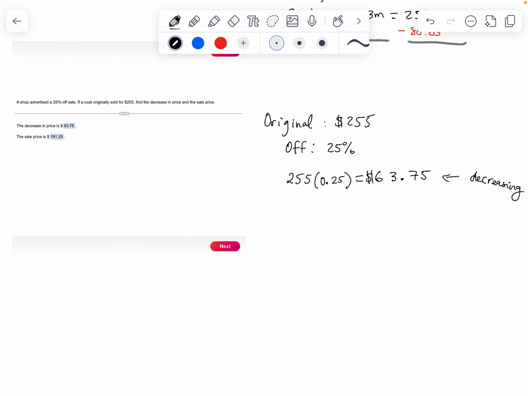So for the total cost of 255, your price is decreasing by 63.75. That means if you take the 63.75 and subtract it from the 255, you should get the value of 191.25. So therefore, this is the sale price, and this is the decrease.